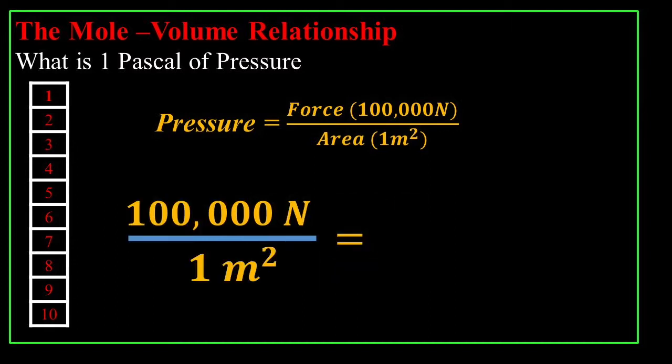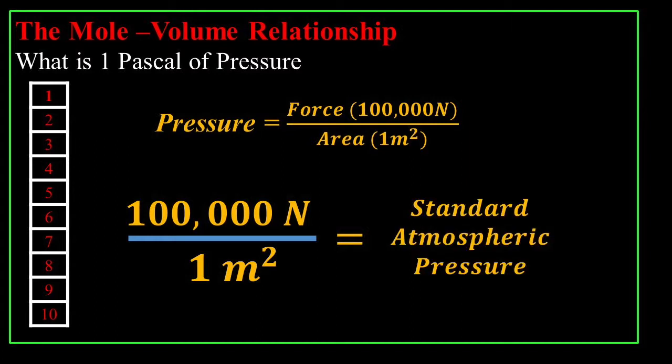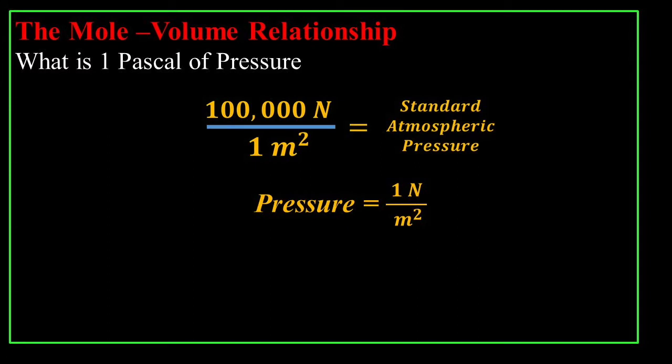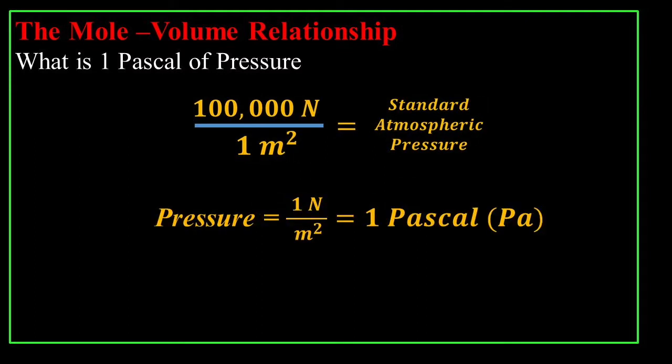That's going to be the pressure, and that's going to equal, wait for it, standard atmospheric pressure, STP, standard pressure. The standard pressure for 1 atmosphere at sea level is 100,000 newtons per square meter.